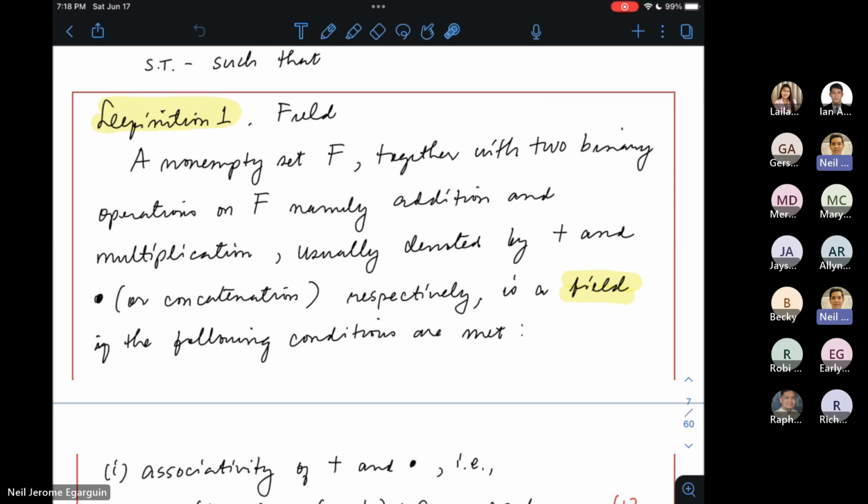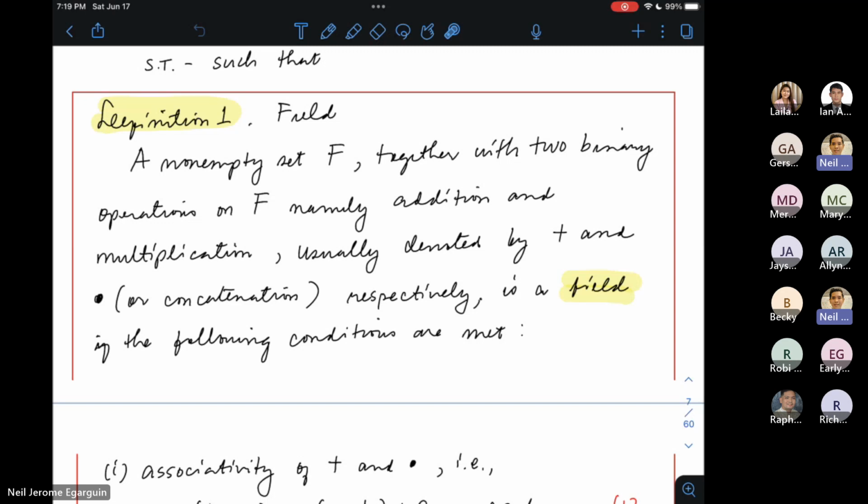So para magkaroon ka ng binary operation, kailangan pag kumuha ka ng dalawang members ni F at pinag-operate mo sila, dapat ang sagot ay na kay F pa rin. Right? So that's what we call the closure property. So to be a binary operation, I should take two elements of the set F, I operate on them, and if the answer is still in capital F, then we say that the operation is closed or the set is closed under the operation.